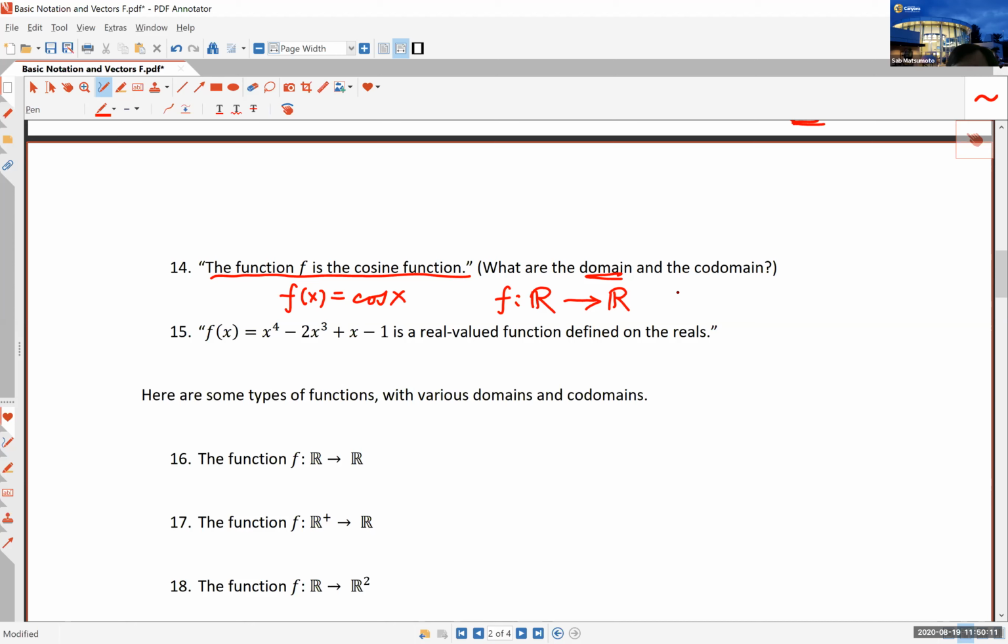So this is called a real valued function, precisely because the codomain is a set of real numbers. The cosine of x is not going to be a dog or a fish or a house or whatever. It's going to be a real number, and that's what we mean by a real valued function.